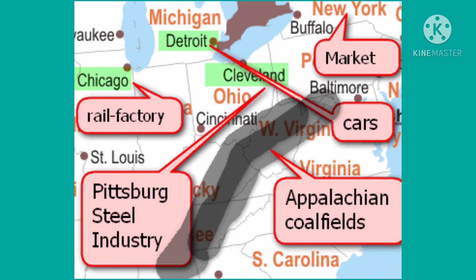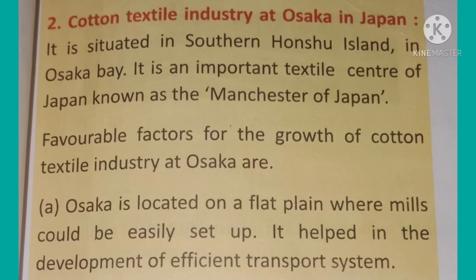It is not comparable to Detroit, but it comes close. Similarly, for the cotton textile industry in India, that is Ahmedabad, the famous counterpart is Osaka in Japan, which is also known as the Manchester of Japan. So students, these are a few details of these industries.